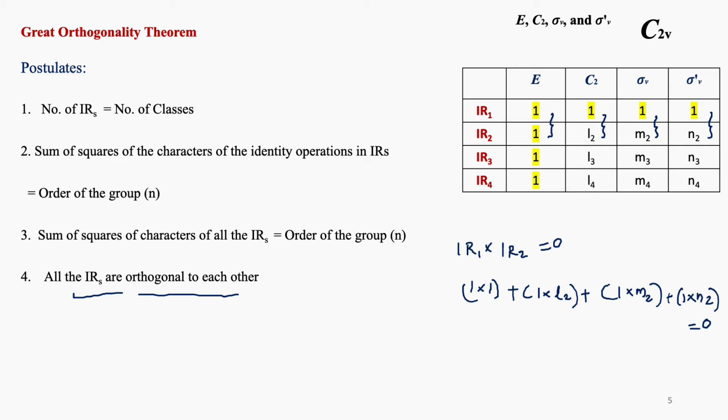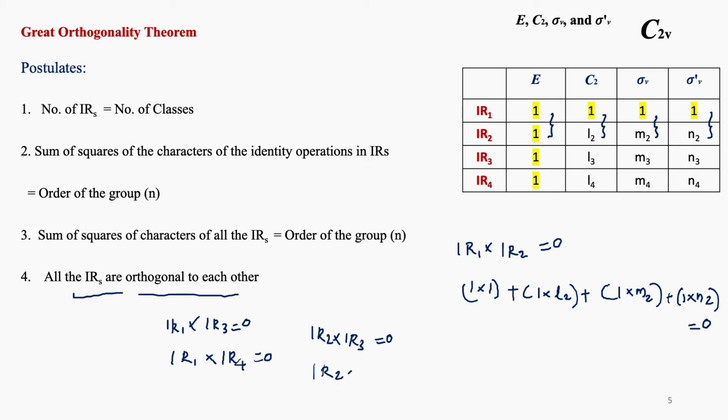Not only with IR1 and IR2, similarly IR1 will be orthogonal to IR3. IR1 will be orthogonal to IR4. IR2 will be orthogonal to IR3.